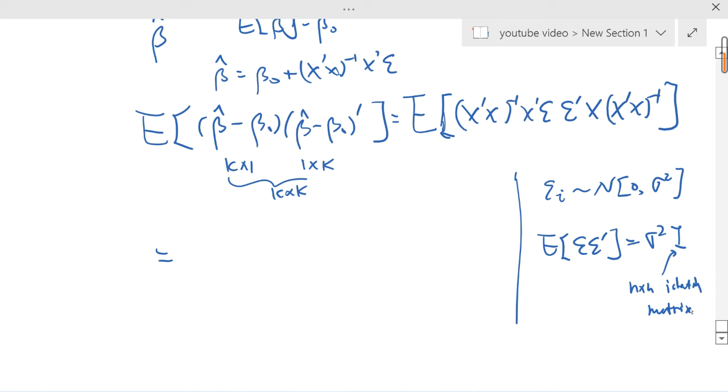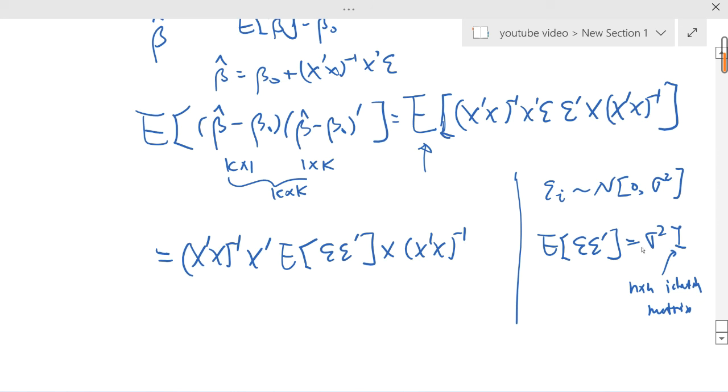By the way, when we compute this variance covariance matrix, we are holding conditional on X, holding the data constant. So it's X prime X inverse X prime. Under this assumption, the error terms are normally distributed with mean 0 and variance sigma square, which is homoscedasticity.